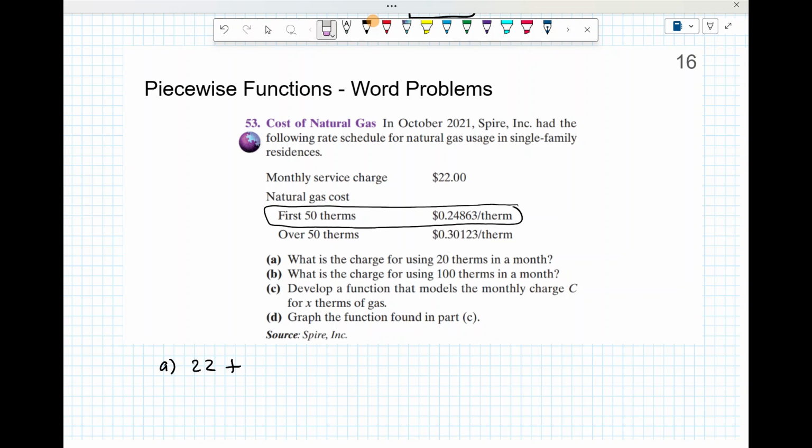So this would be 20 times 0.24863. I'm just going to put this all in my calculator. So I'm going to put 22 plus 20 times 0.24863, and I get approximately 26.97 dollars as my final answer.